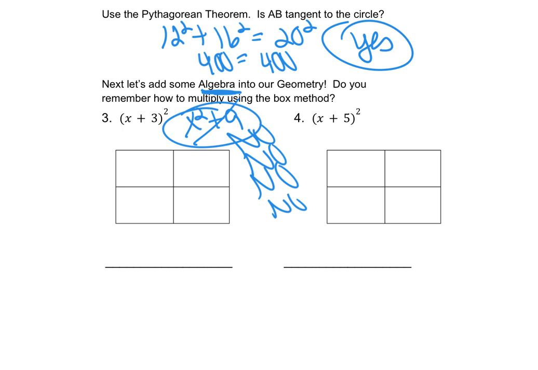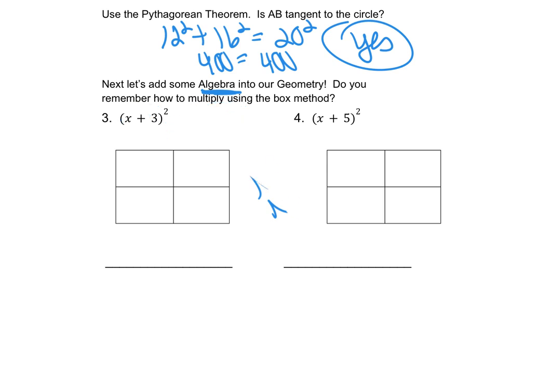You don't just distribute that squared to both. That is not how algebra works. We are going to remember that if we have x plus 3 squared, that means we have x plus 3 times x plus 3. And what we do is we multiply. In this first box here, we would have x times x, which would be x squared.